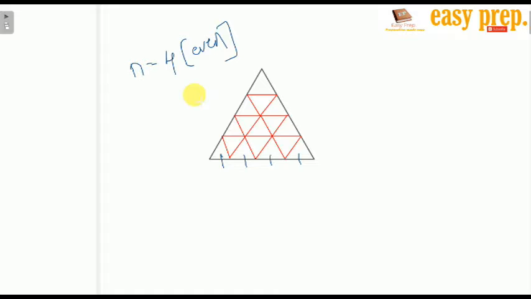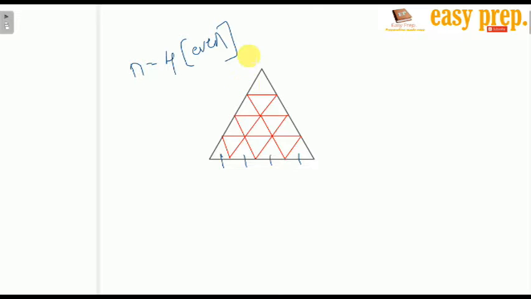Actually there is a formula for this kind of figures, friends, where the base number is even or odd. For even there is a different formula, and for odd there is another formula, friends. So first let us look into the formula for even, that is n equal to 4.